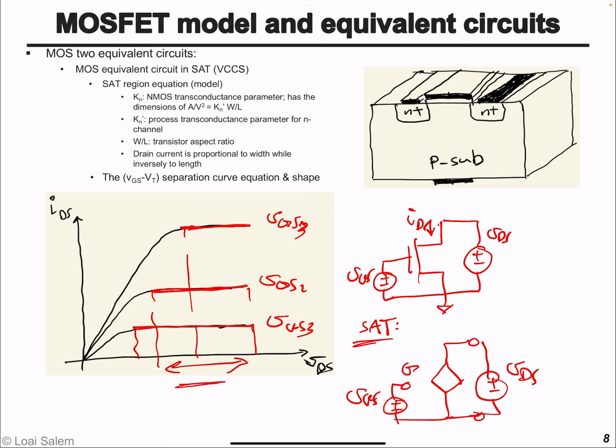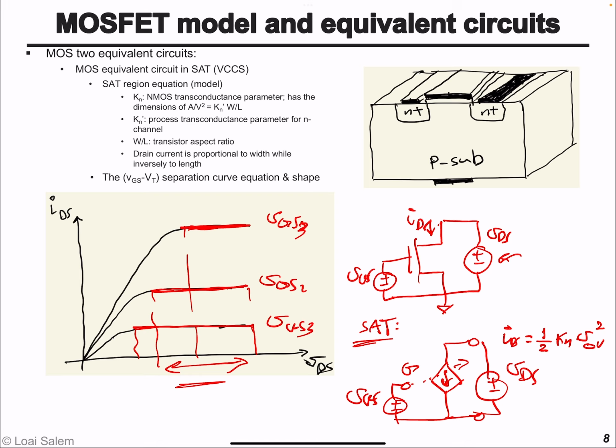So basically the transistor in the saturation region provides a constant current for different VDS values, and so we can model it as a voltage controlled current source where the value of the current source IDS is controlled by the gate to source voltage, or specifically the overdrive voltage, so half Kn V overdrive squared.